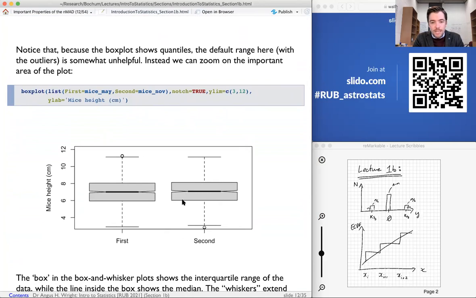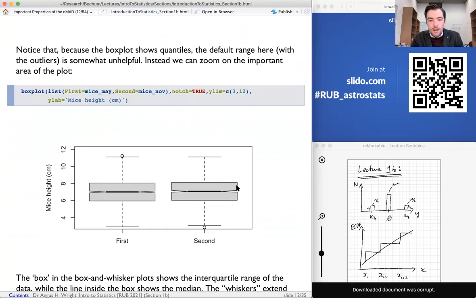So what we've got here is the box section of this distribution shows you the interquartile range of the data that you have. The horizontal bar here is the median. So you have the median and the interquartile range.